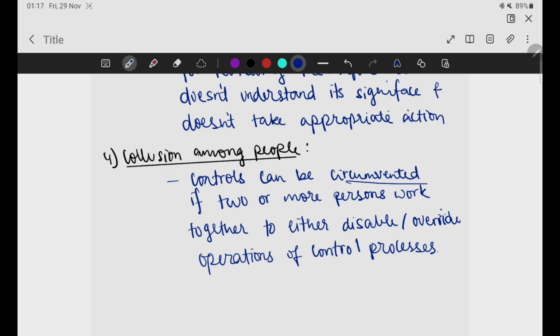Controls can be circumvented if two or more persons work together to either disable or override the operations of the control processes.